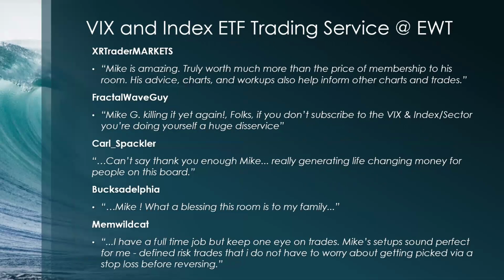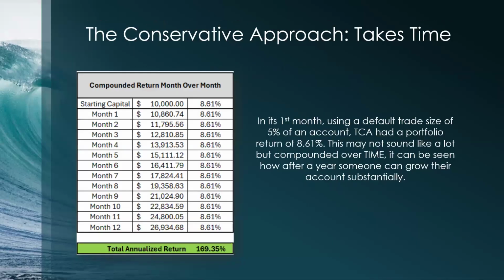I think so. And just to add to that, the 8.61%, again, these numbers are taken at a very conservative level. So, Lou's approach really is his first and foremost concern is risk mitigation, is managing risk, having very low drawdown on the account. If we looked at the trades over this first particular month, I think the lowest drawdown we had was less than 1% drawdown on the account, if I remember correctly.